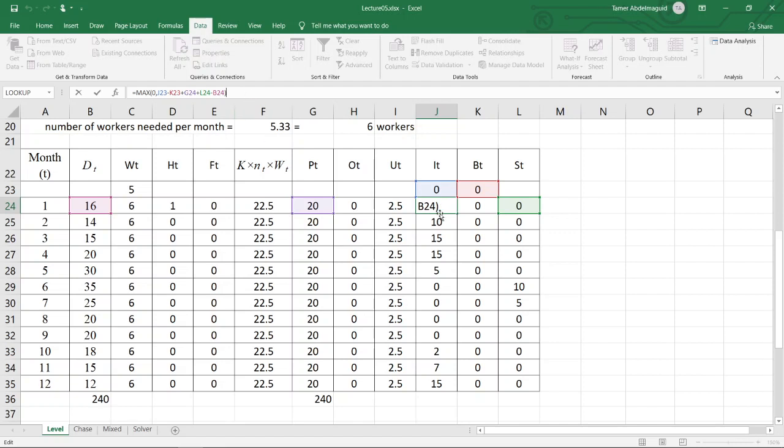This equals the inventory at the beginning of the planning horizon, plus the backlog, minus the backlogged quantity at the beginning of the planning horizon. Both are zeros, but I just used the formula as is. And then we, of course, add the production quantity and subtract the demand. That's basically the formula that I have used here.